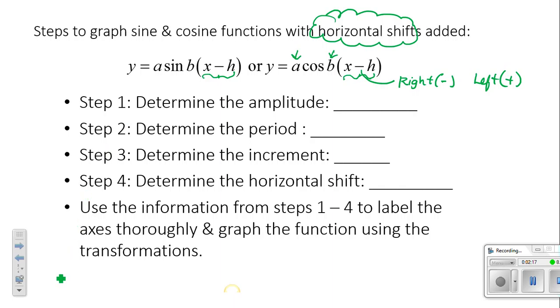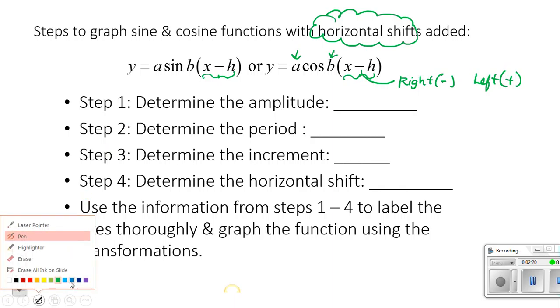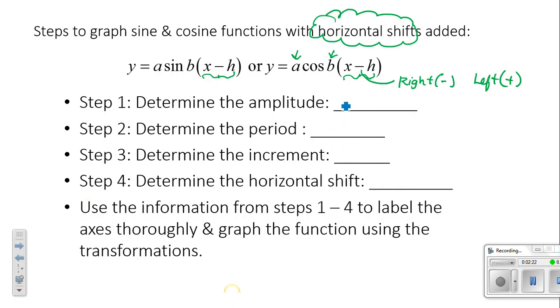All right, so how do I determine amplitude? Remember, that is the absolute value of A, and so that is your height, and that is in blue. Okay, how do we determine the period? Again, that is the same thing that we've done in the past. That's 2 pi over B. Okay, and then the increment is 1/4 times the period.